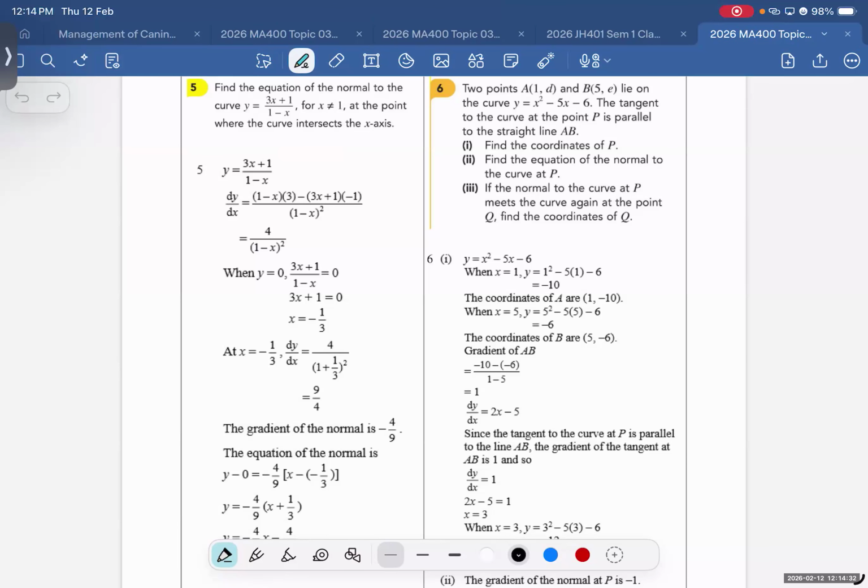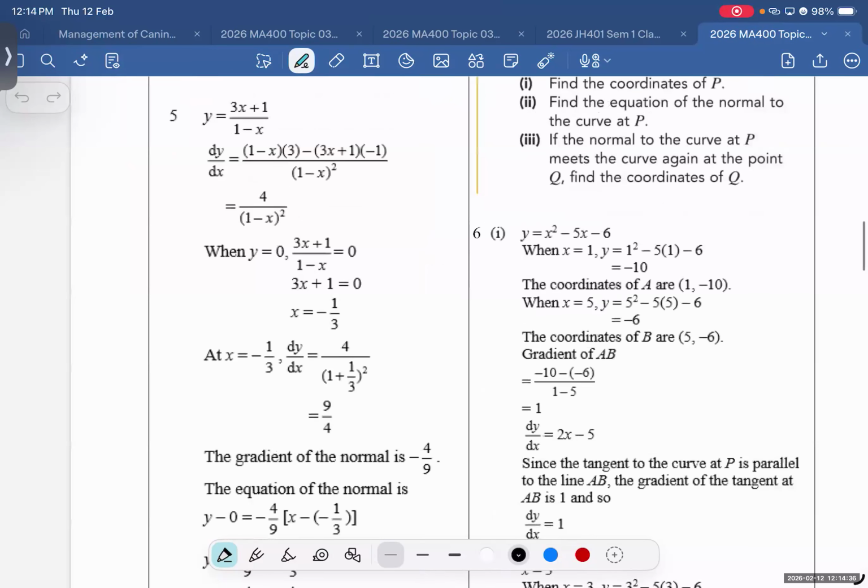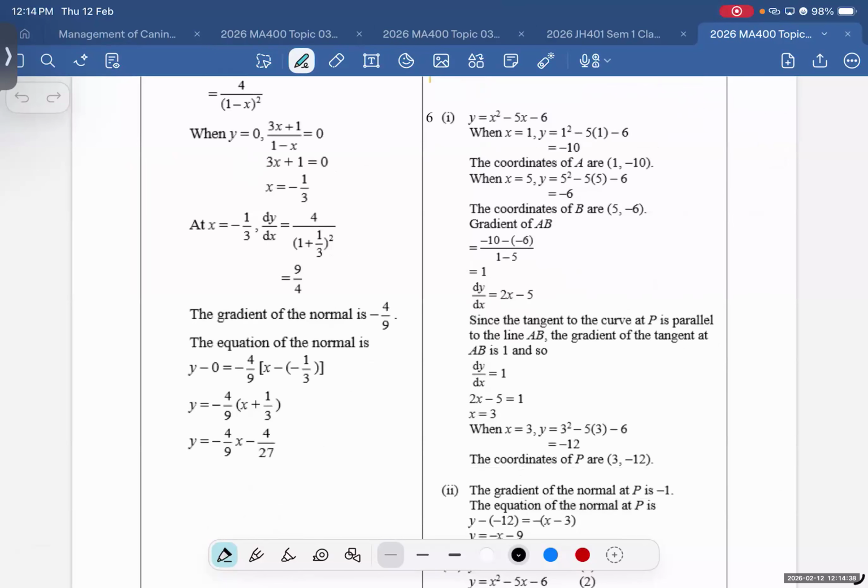Go for this positive means question 5, you got both positive. Okay, so I check. Is your question 5, is this your dy dx? Okay. Is this your x value? Negative 1/3.